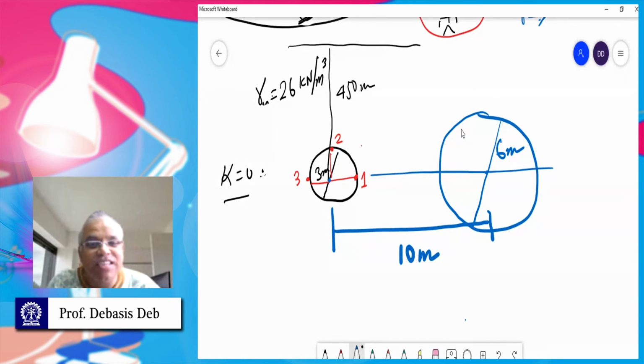Now they have consulted you. You have studied rock mechanics from IIT Kharagpur, so you tell us whether it is safe to build this 6 meter tunnel 10 meters away.